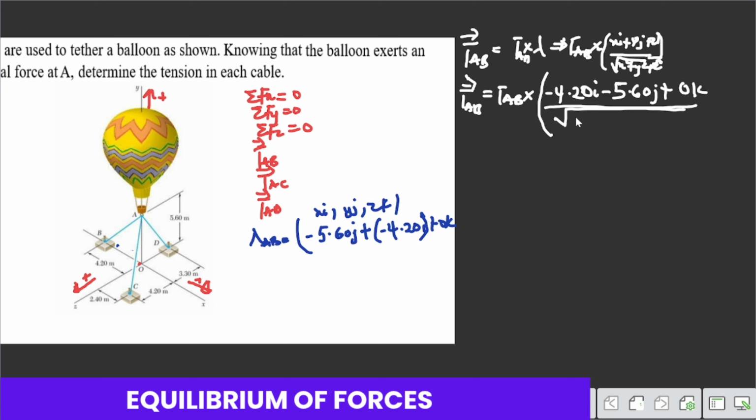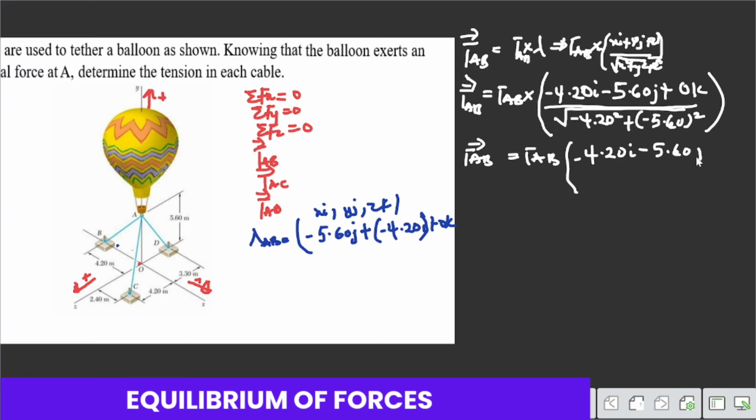So you're going to get negative 4.20 all squared plus negative 5.60 all squared. This is not part because it's 0. So now our TEB here is equal to our TEB here multiplied by negative 4.20I minus 5.60J.